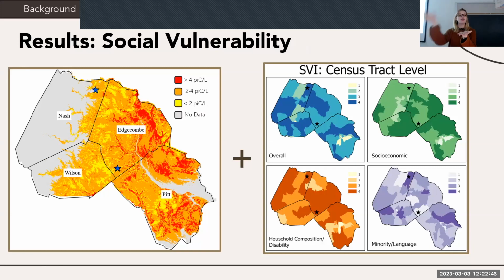Then I'm going to put my social vulnerability layers on top of it, and any area that is overlaid by a 3 or 4 in social vulnerability, the ranking underneath it based on elevation is going to bump up 1 for a combined ranking score. This is the best way I've come up with so far. My methods may change a little, but so far that's what I'm doing. So any place that's currently yellow but gets overlaid by high social vulnerability will become orange. That is what I'm going to be doing next to make my combined map.